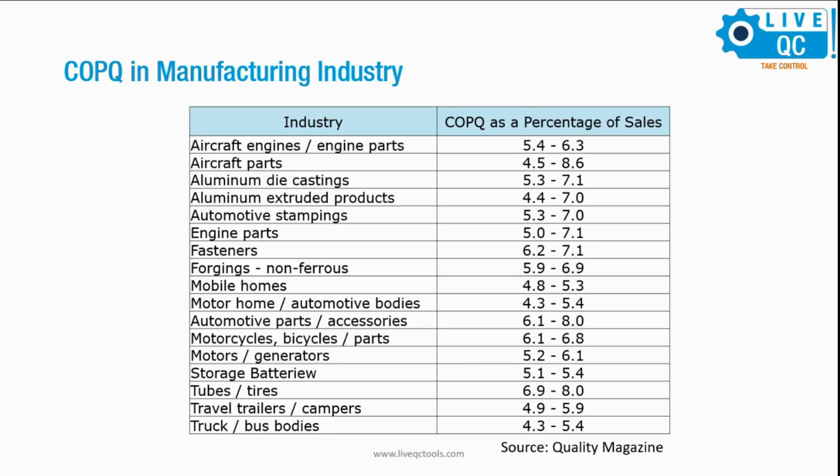Now, if you look at the cost of poor quality in manufacturing industry, you will see the percentage of the actual sales that goes towards the cost of poor quality, as shown here. Now, remember, we are talking about cost of poor quality. If you look at the different segments, this actually comes from Quality Magazine.